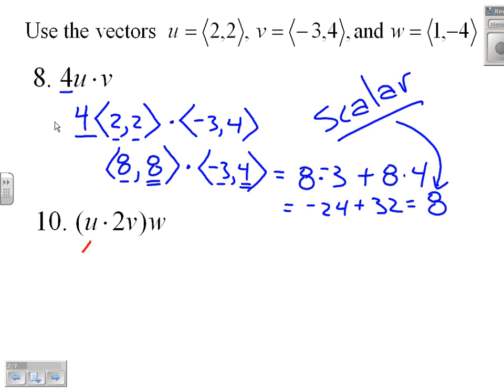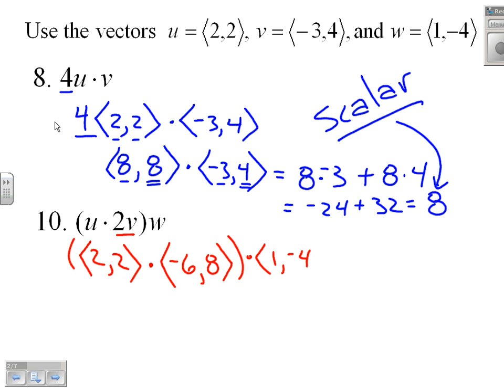Here we have u, which is 2, 2, times 2 times v, which I'm going to take the liberty of working this one out. 2 times v would be 2 times -3, -6, 2 times 4, 8. And then we want to do the dot product of those and dot those with w, 1, -4.